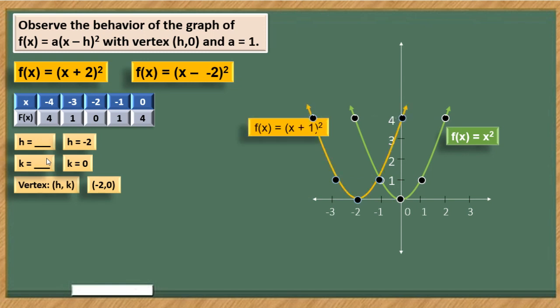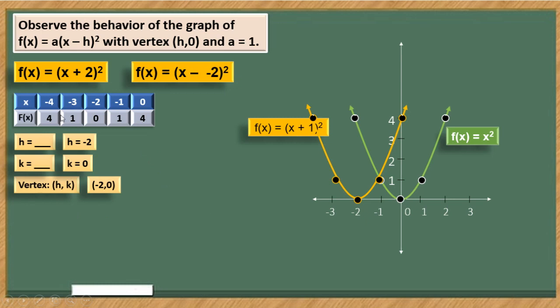So again, let's look here. Identical graph translated 2 units to the left. Again, what do you think is the reason why our graph is translated 2 units to the left?